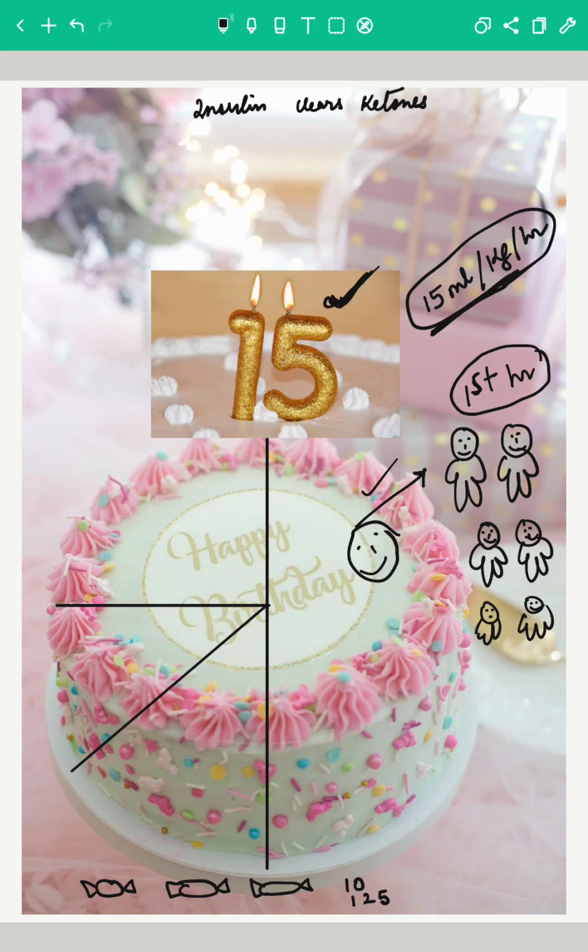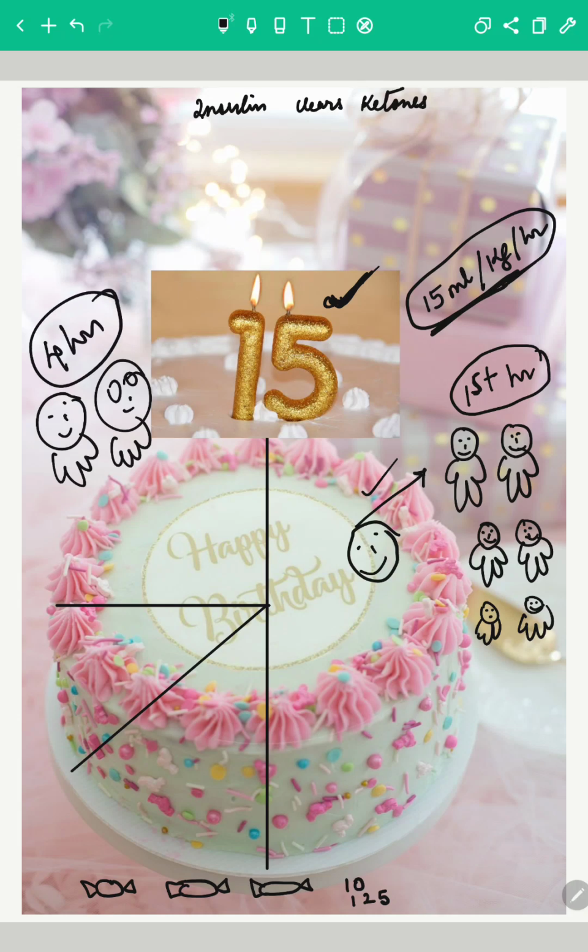Now, after some time, in all birthday parties, we know that some guests will again turn up. They will say, I had work and I was busy with some meetings. So, some people will keep coming in the next 4 hours. Now, they have to also be given something, isn't it? So, we will give them 50% of what we had given in the first hour.